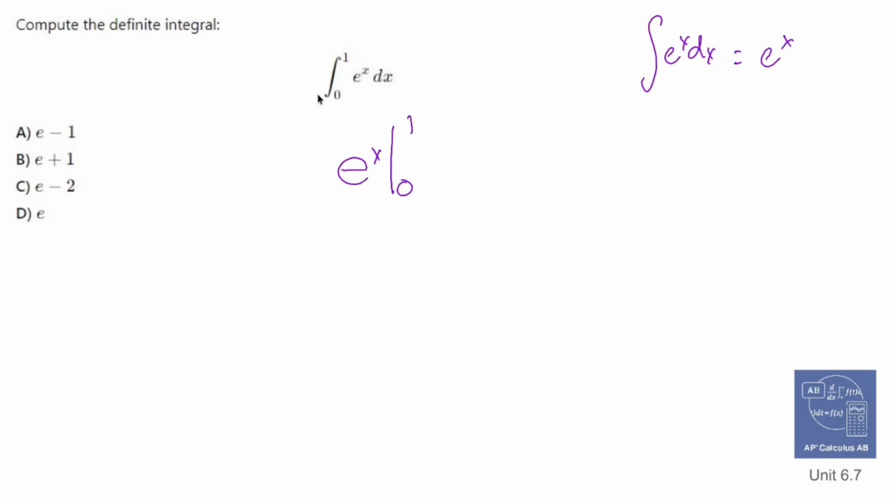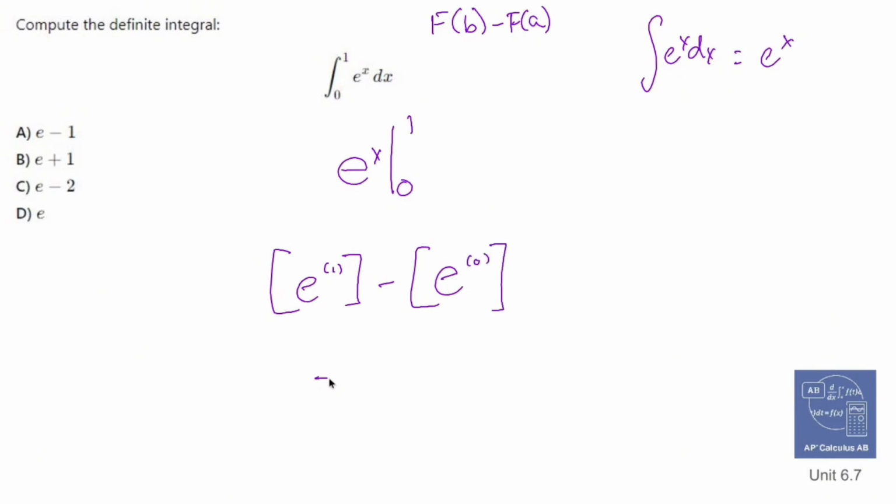Remember the rule, when you integrate and you have limits of integration, you take the antiderivative, which I just did, plug in the upper limit, plug in the lower limit, subtract the upper one minus the lower one. So in this case, I have e to the x, upper limit is 1, so e to the first power minus e to the x, plug in the lower limit, e to the 0 power. E to the first is e, anything to the 0th is 1, e minus 1 is going to be our guy.